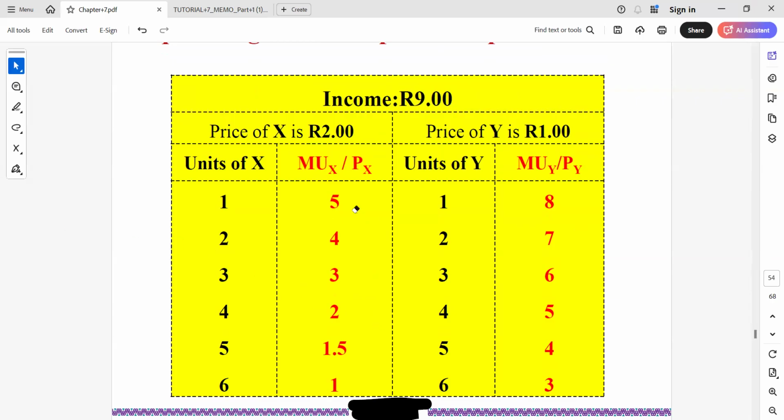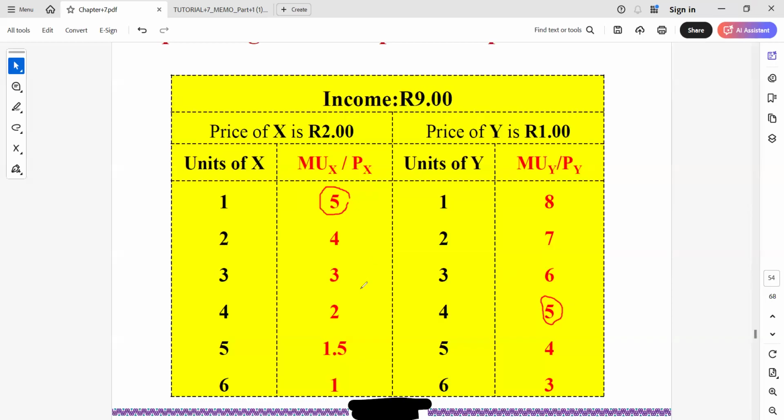I'm just going to circle from here. So 5 here, and you have 5 here, because your marginal utility per rand has to be equal. Remember from the conditions, your marginal utility per rand has to be equal, and also the consumer has to use all her income. I just want to use a different color.